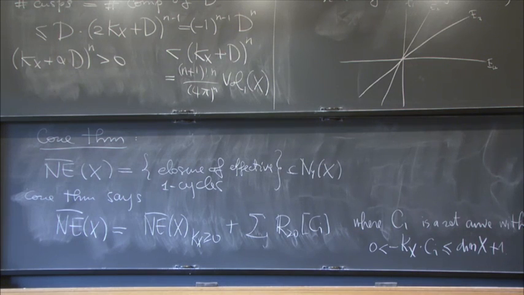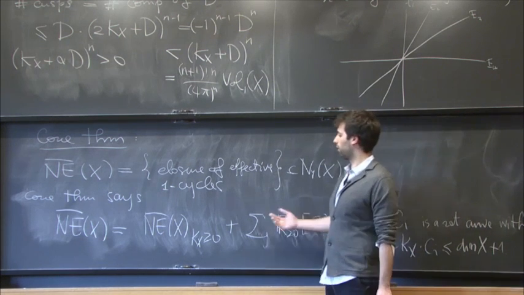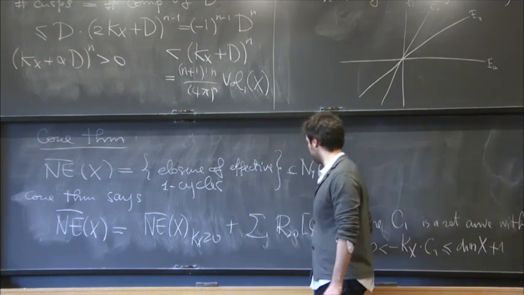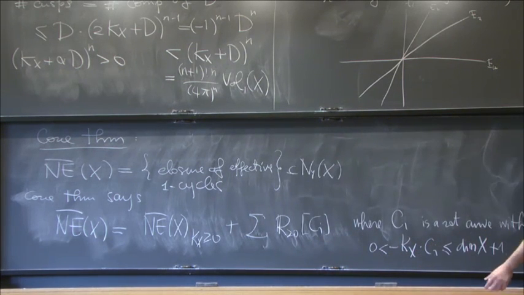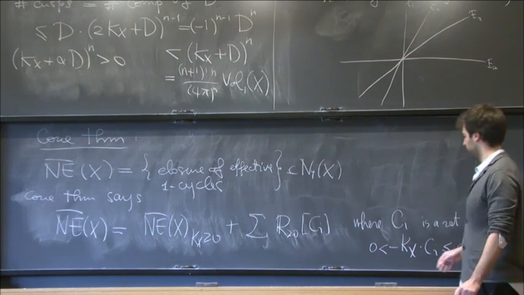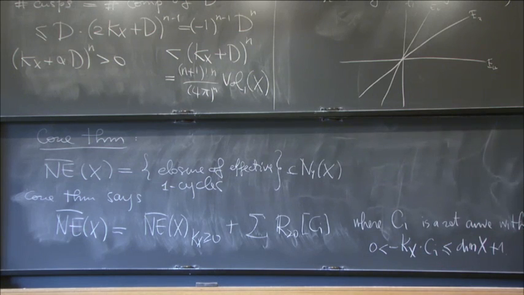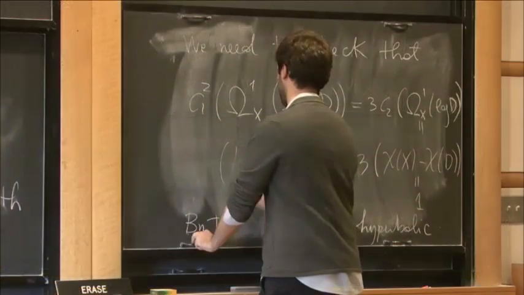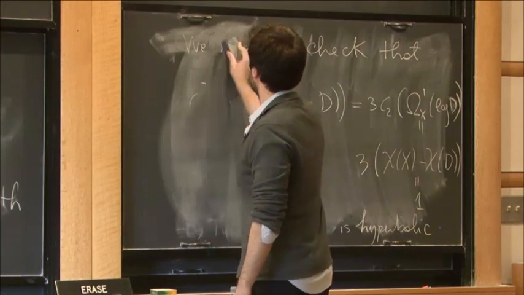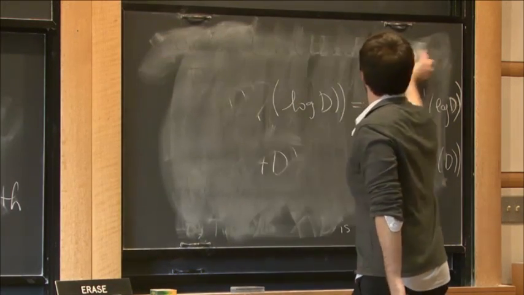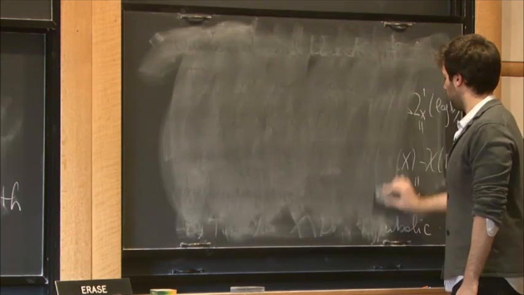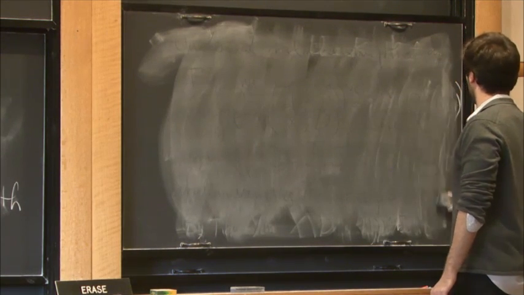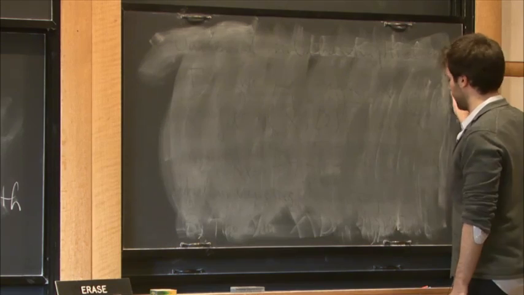Okay, so we know how to decompose at least the cone of effective one cycles in the part negative with respect to the canonical class. So the intersection of C_i and the canonical class is going to be very important for us.